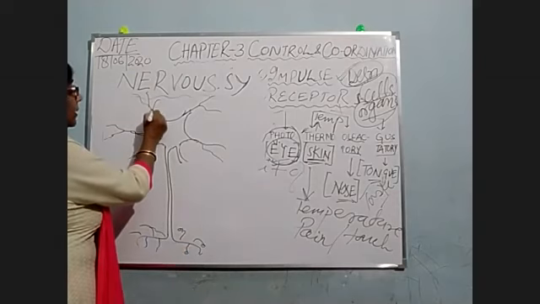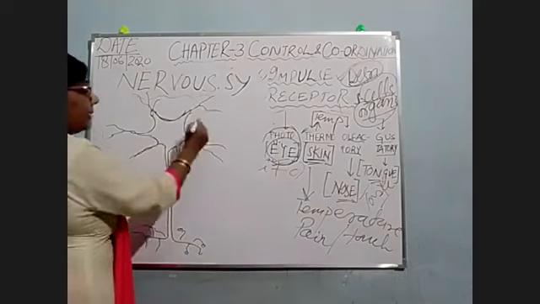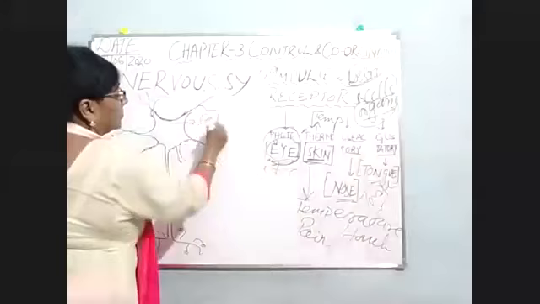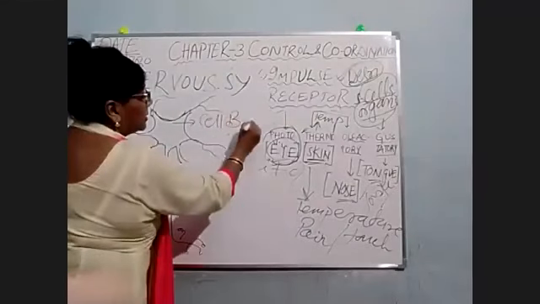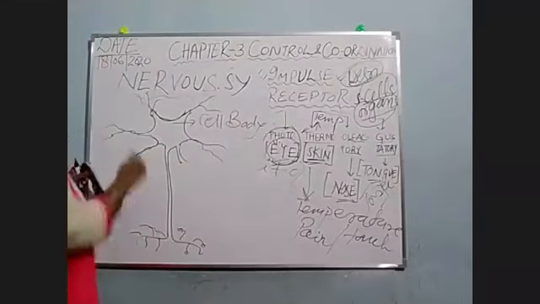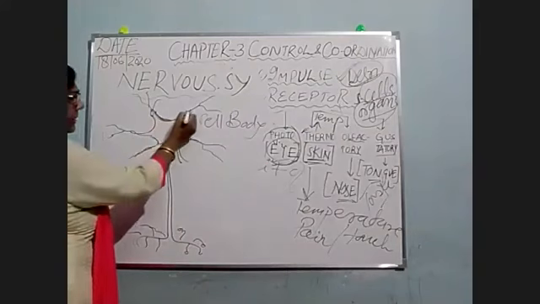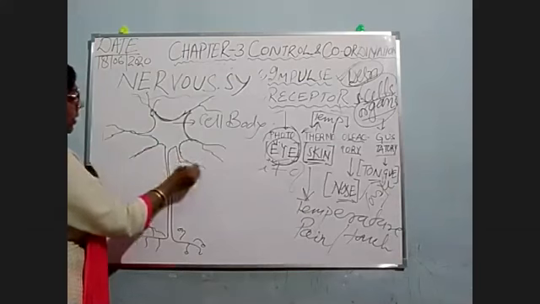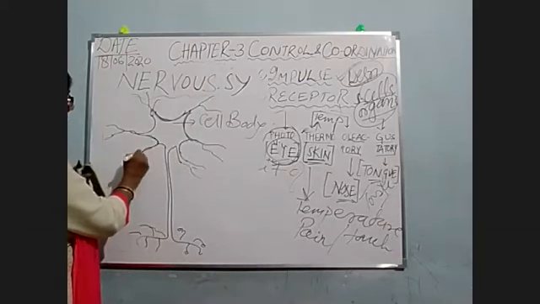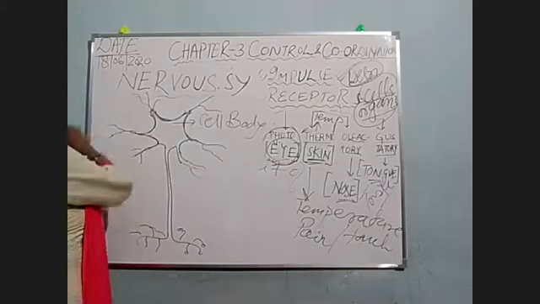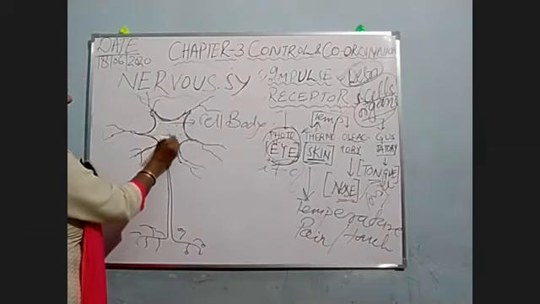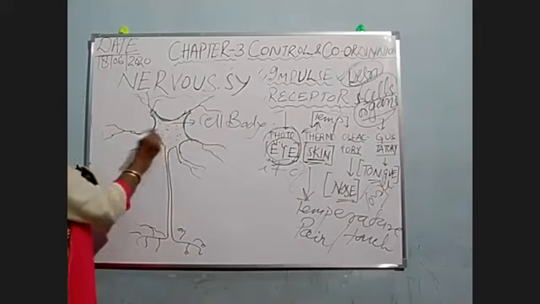Now you can see the neuron contains three main parts. Number one, the cell body or cyton. This is star shaped, though some say it is irregular in shape. Although it is a star-shaped body, it is filled with a jelly-like substance known as nucleoplasm.